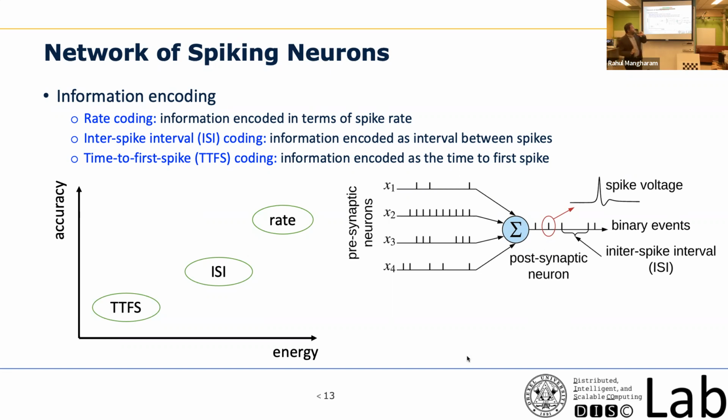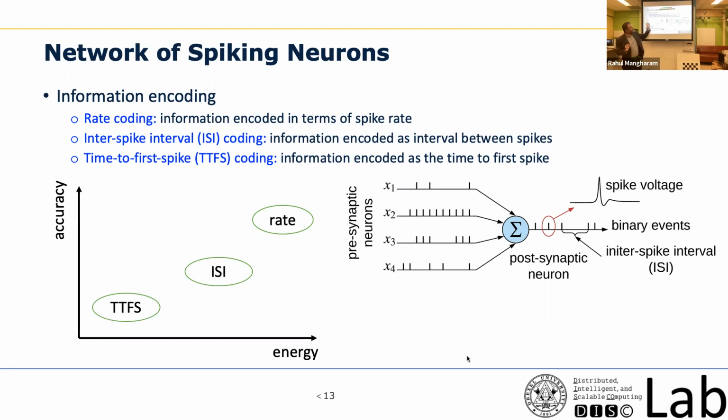The second type of coding is called interspike interval coding. Here, the information is represented by the interval between the spikes. So you control the refractory period so that it represents whatever information you are trying to encode. Think about an image: when you present an image to a neural network, typically we take pixel by pixel and present it to the network.